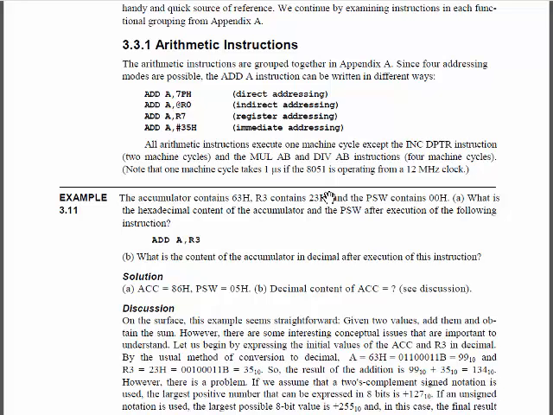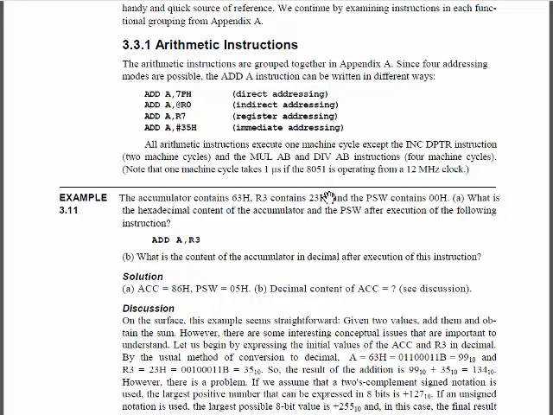R0 contains the memory location, the address of the data. The fourth one is add to A the data that's in R7. And the last one is add to A the number 35 hex. So there's the 4 basic types of addressing modes that we would use for the add instruction. It's fairly straightforward.